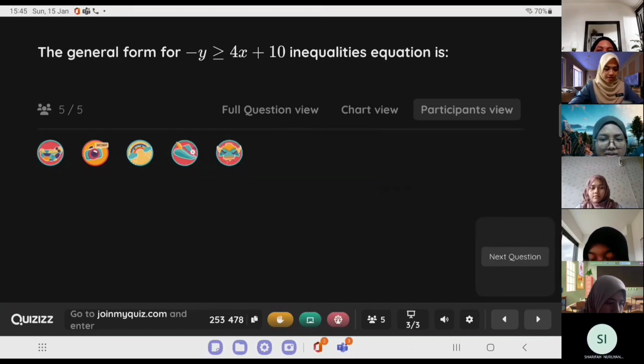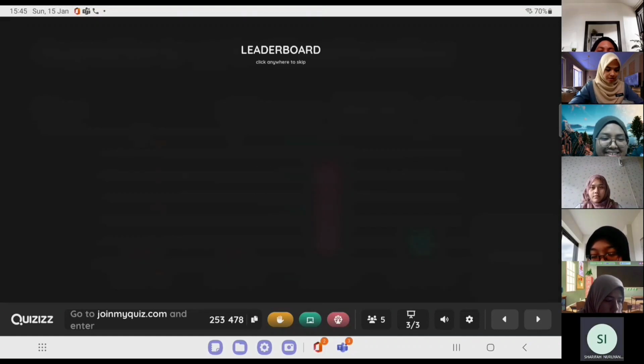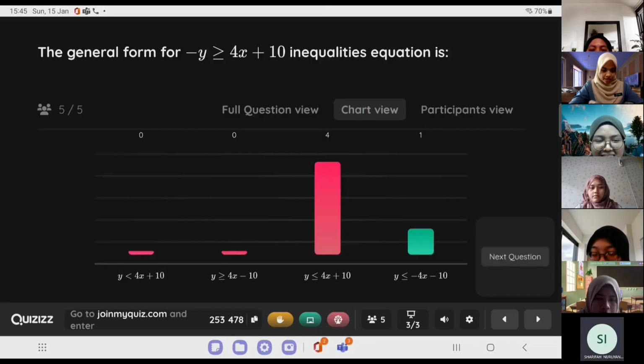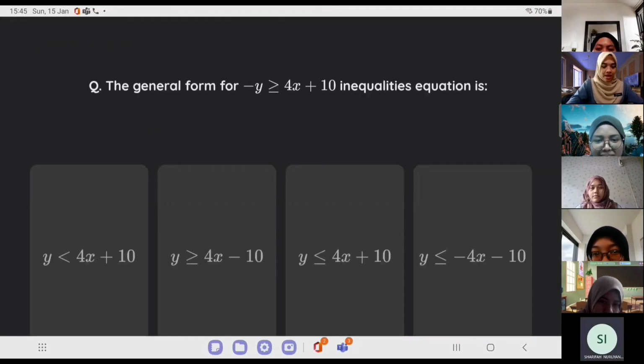All right. Most of you did not get this answer correct, so I will explain for you. Here, the negative y, you need to make sure that it is always a positive value. How do we make the negative y become positive y?